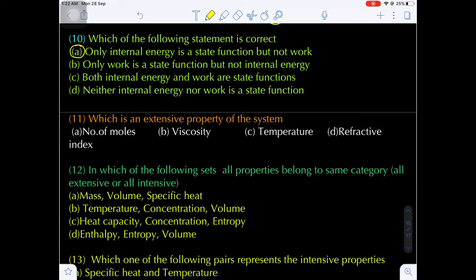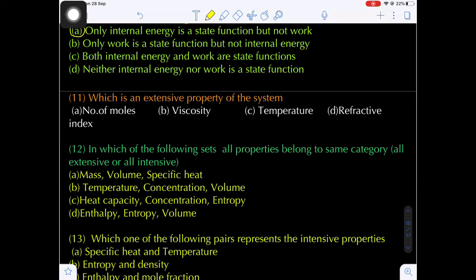Extensive properties are additive in nature, intensive properties are non-additive in nature. When a system is divided into two or more parts, if the measurable property also changes, that is an extensive property. Even if a system is divided into two or more parts, if the measurable property of the system does not change, that property is called an intensive property.